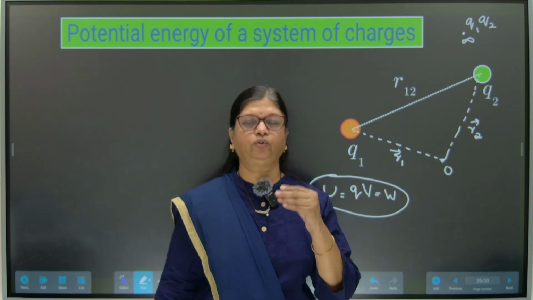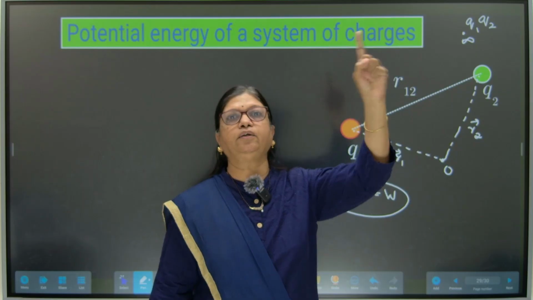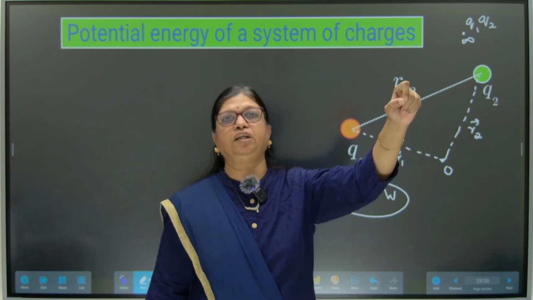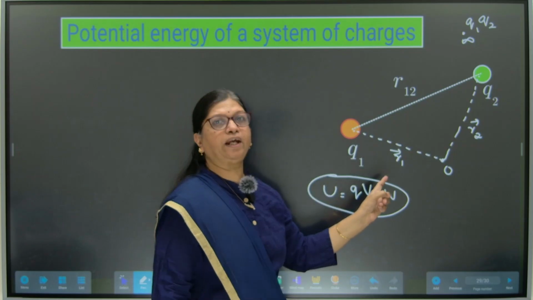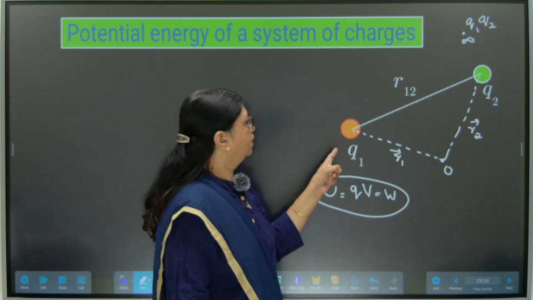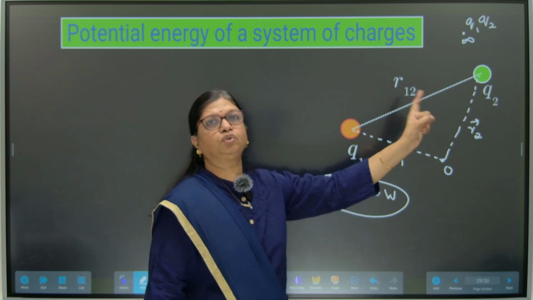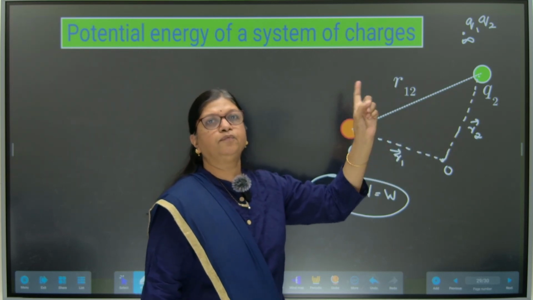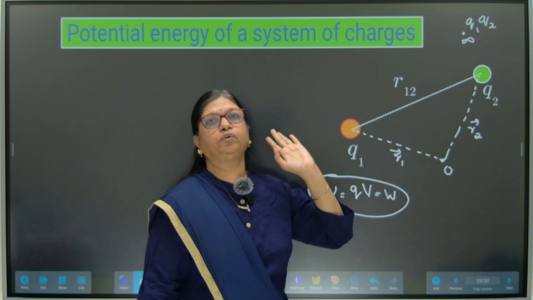This is what I want to do. I want to shift the charges Q1 and Q2 from infinity, Q1 to the position vector R1 from the origin O, and Q2 to the position vector R2 from the origin O.